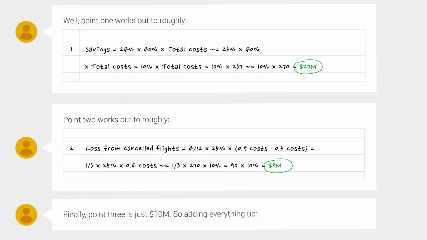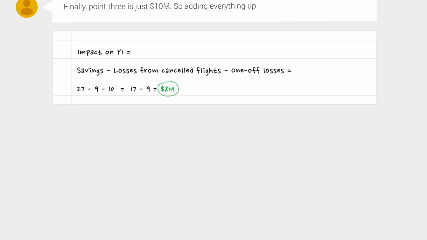Finally, point 3 is just $10 million, so adding everything up, impact on year 1 equals savings minus losses from canceled flights minus one-off losses, equaling 27 minus 9 minus 10, which equals 17 minus 9, giving a final answer of $8 million.